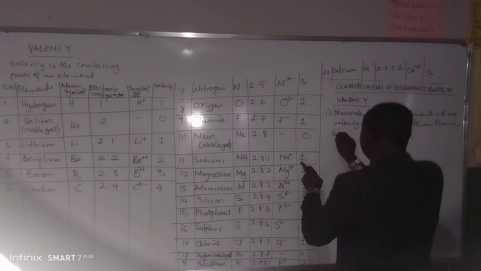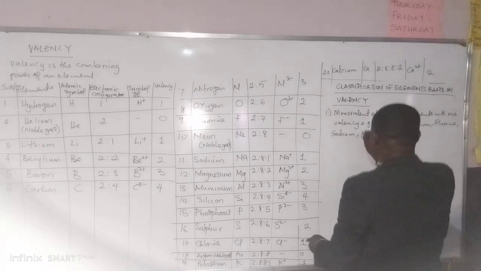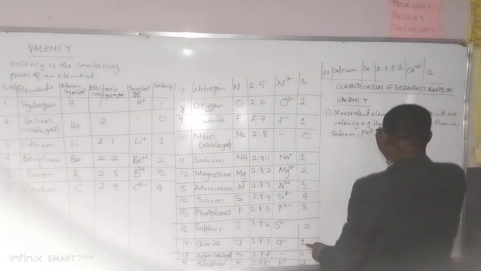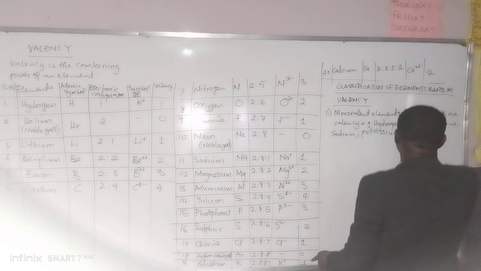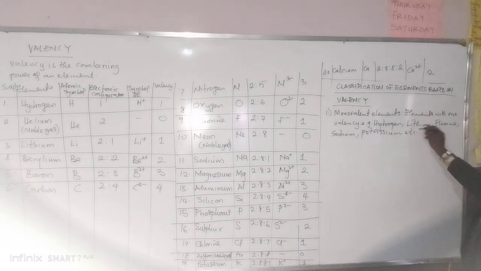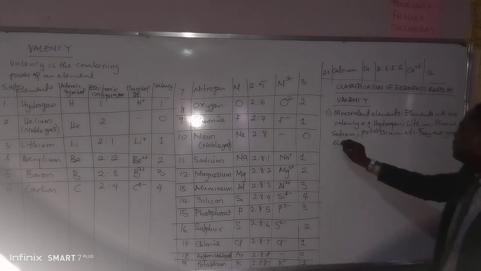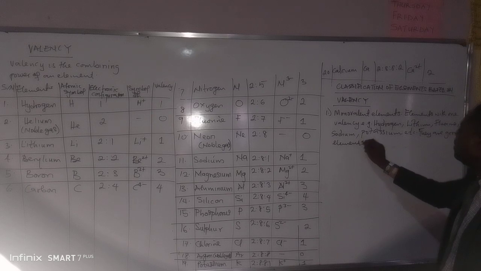Then sodium is another monovalent. Then another one is potassium. You can see it here. So and so on and so forth. These are monovalent elements. Monovalent elements are group 1 elements.